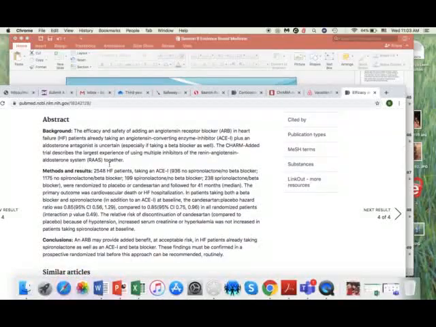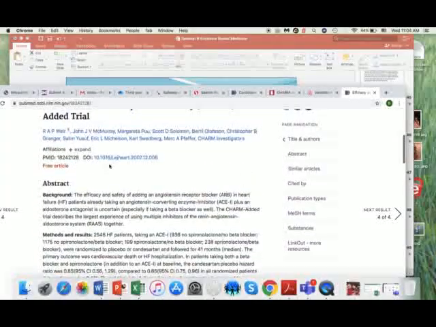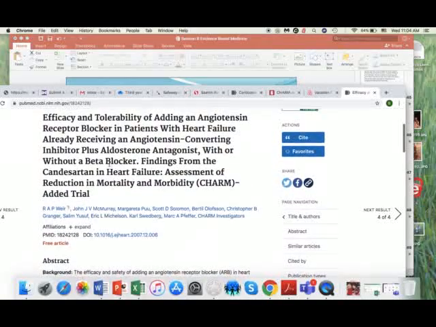This is the question right here: how good and how beneficial is adding an ARB to patients with heart failure already receiving an ACE inhibitor?